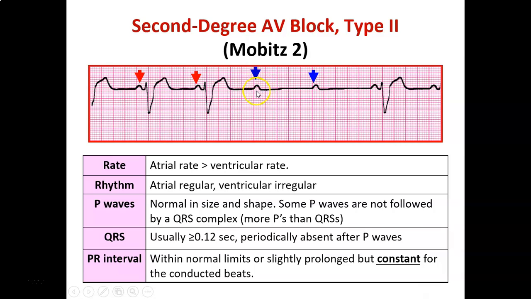So this sudden drop of the QRS complex is dangerous, like in this example. This can lead to complete heart block. So in second degree AV block, Mobitz type 2, there are normal QRS complexes, but all of a sudden some P waves are not conducted to the ventricles.